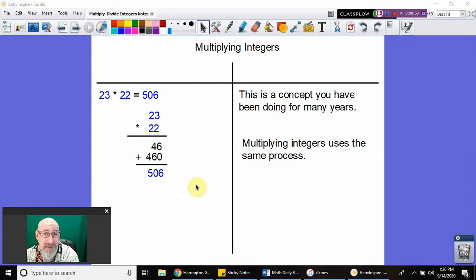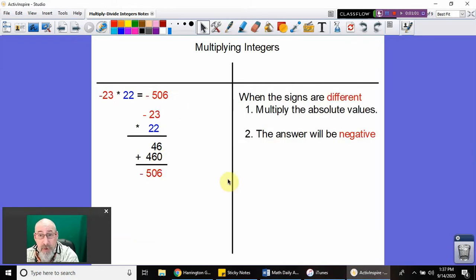So the process doesn't change when we're dealing with integers. It's still going to be the same process. The only thing that's different is you're going to have a new rule. So when we're multiplying integers and we have negatives involved, we've got a real simple rule. To start with, if the signs are different. So this time I have negative 23 times 22.